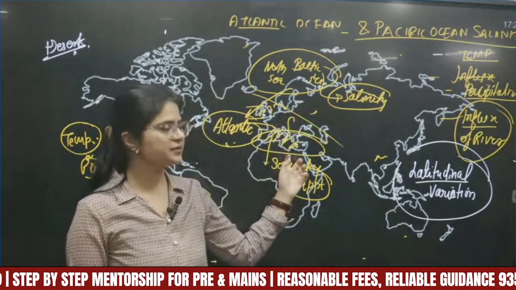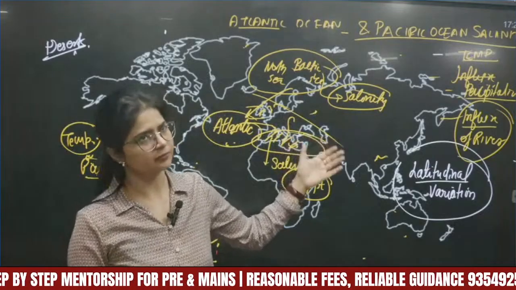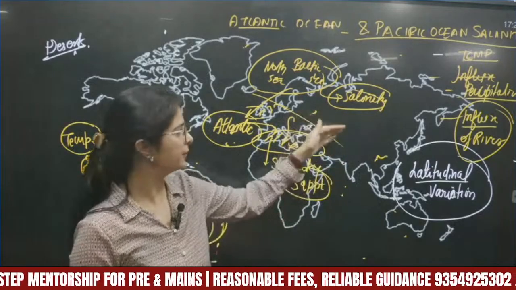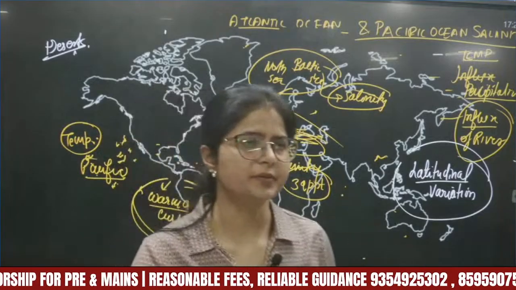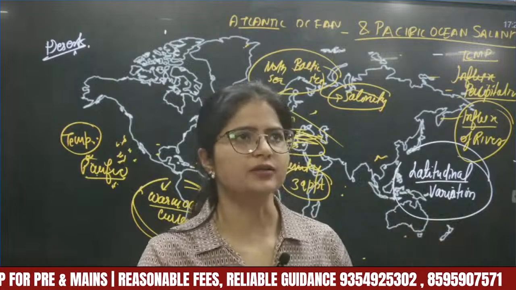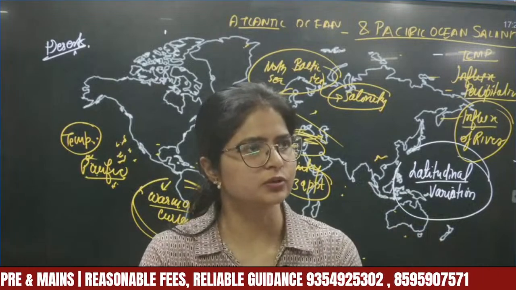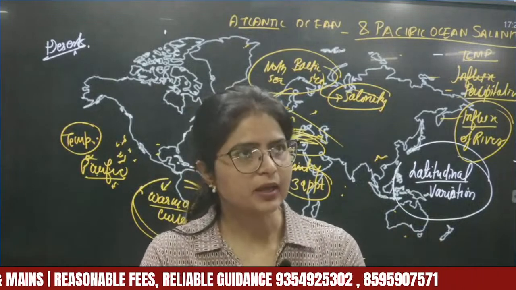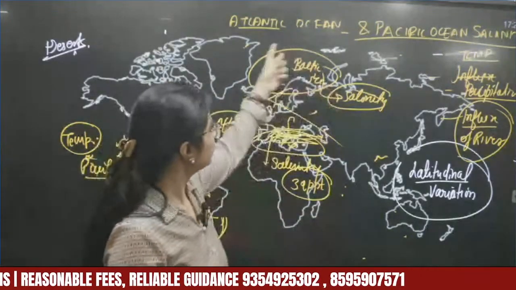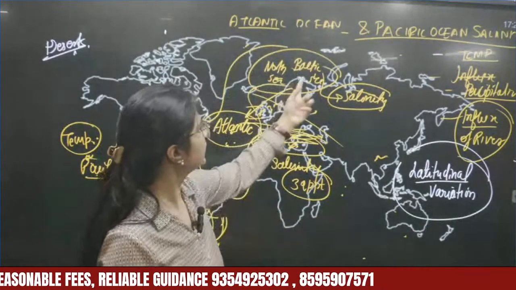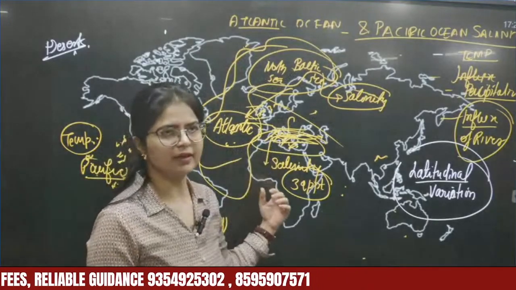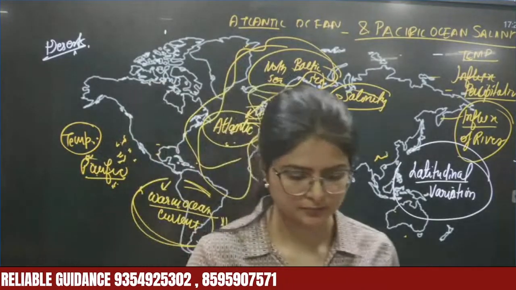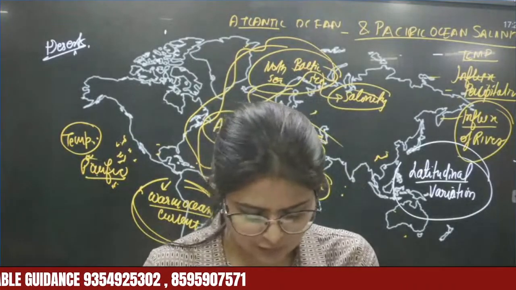But in the Mediterranean Sea, latitudinal variation is there, it is in the subtropical region, and here evaporation is high, precipitation is moderate, and there is no interaction with the Atlantic Ocean. So they are both in the Atlantic Ocean only, but how they differ in their values we can see clearly.